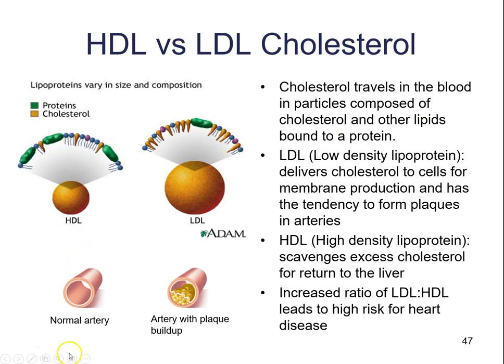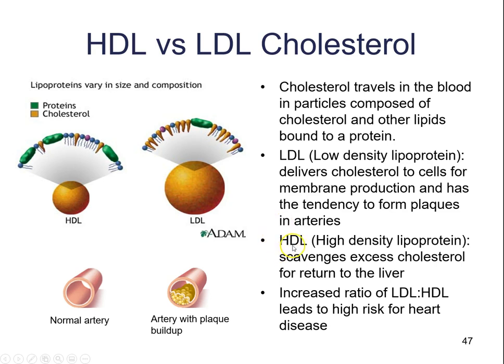And so if you look here, this is showing you a normal artery, and then this is an artery with plaque buildup. Okay, so again, LDL is responsible for delivering cholesterol to the cells, right, for membrane production. And that LDL has a tendency, if there's too much, to form plaques in the arteries.